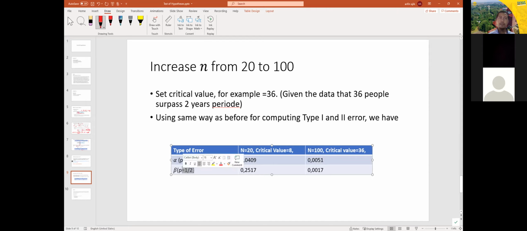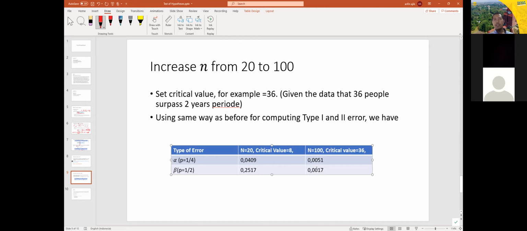Similarly, for the beta, the probability is 50%. For the sample size 20, it is around 25%. But when we increase into 100 sample size, again the error decreases, less than 1%.